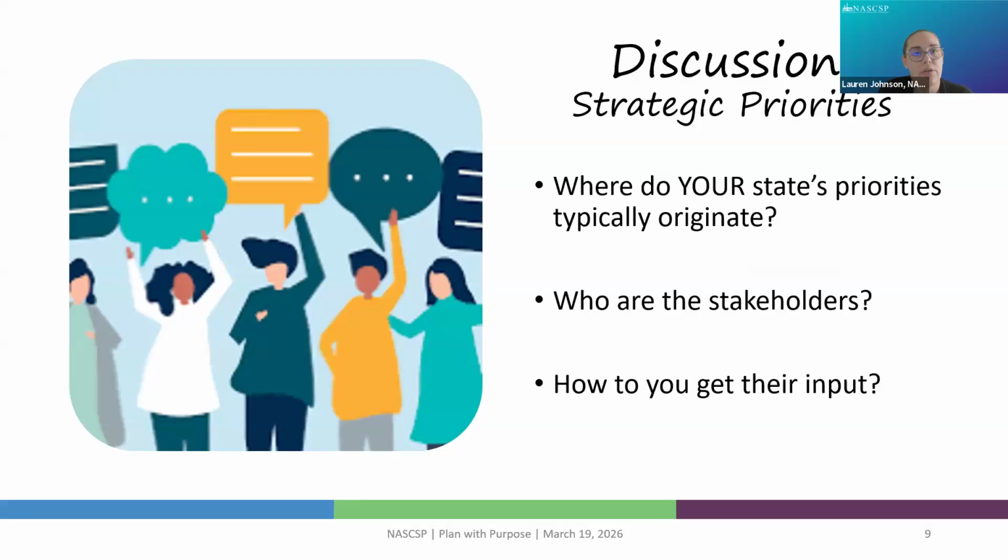And how are you going about getting input? Are there any creative ideas that help increase engagement, especially when it comes to public hearings or legislative hearings? If anyone has anything that they think is neat and want to share, please, we welcome your ideas before we move on.